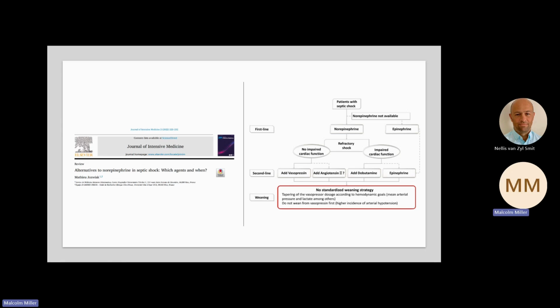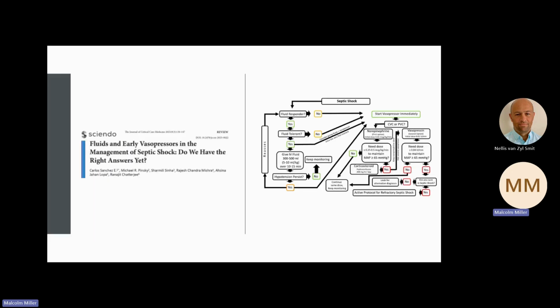It seems like vasopressin, because relative vasopressin deficiency is a part of the pathophysiology of septic shock, we can continue the vasopressin even after weaning the noradrenaline. So that's certainly something to think about.